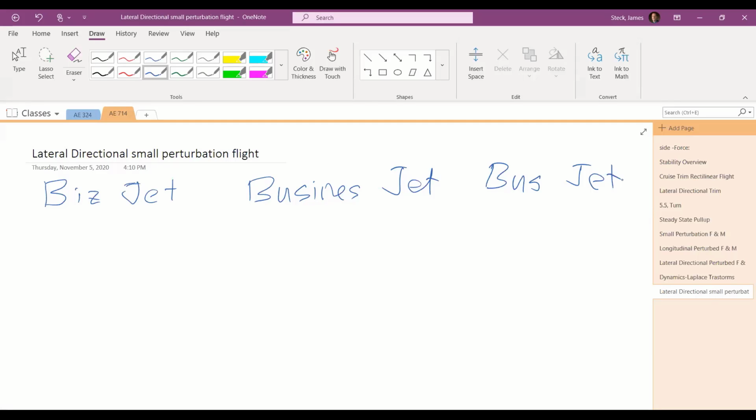So if we look at that BizJet example in the book, and we calculate these parameters, here's what we get. Oh, sorry, this is 2 because it's lateral directional.